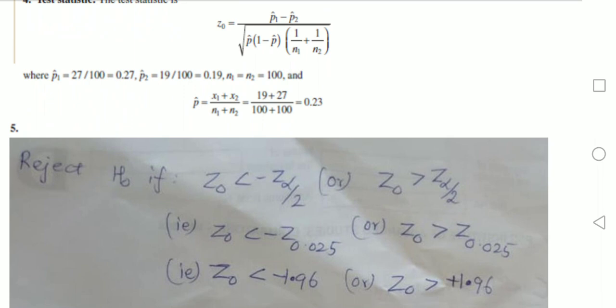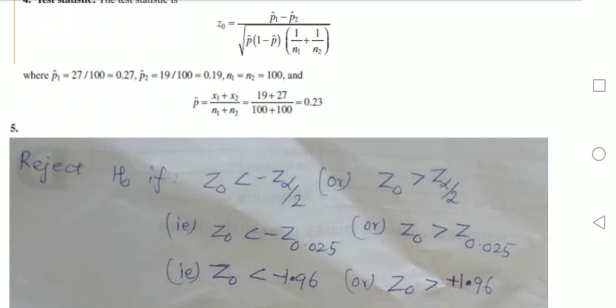the alternative hypothesis is a two-sided test. So here we want to check both sides, that is z naught less than minus z alpha by 2 or z naught greater than z alpha by 2. Alpha by 2 is 0.025, so z naught less than minus z 0.025 or z naught greater than z 0.025.